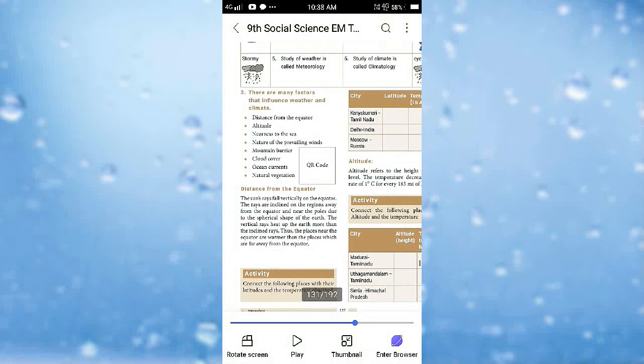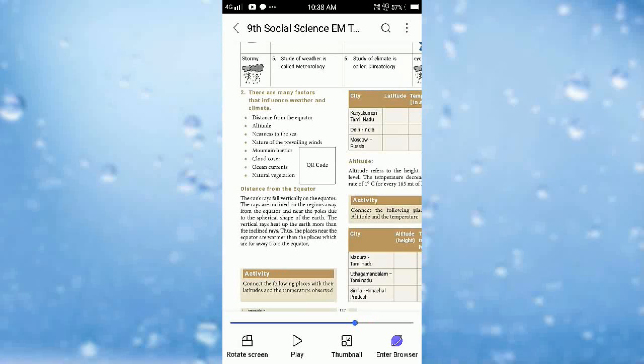These are the factors that influence weather and climate.